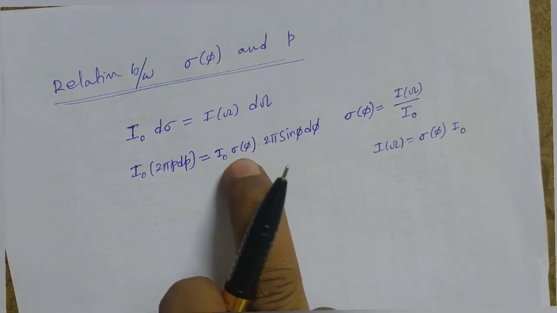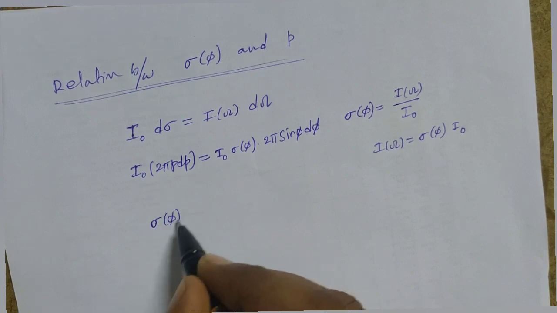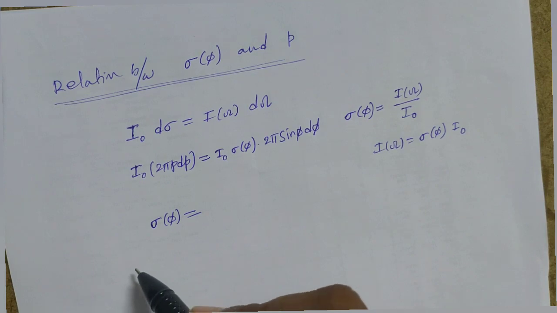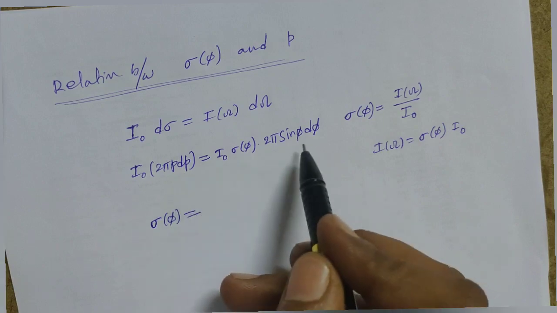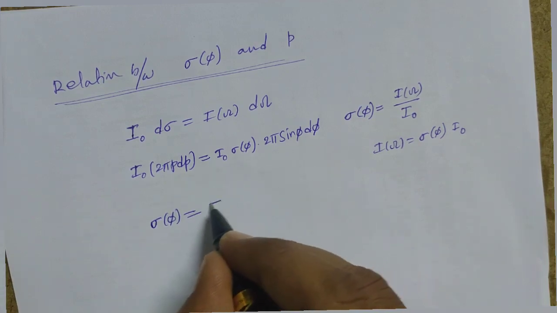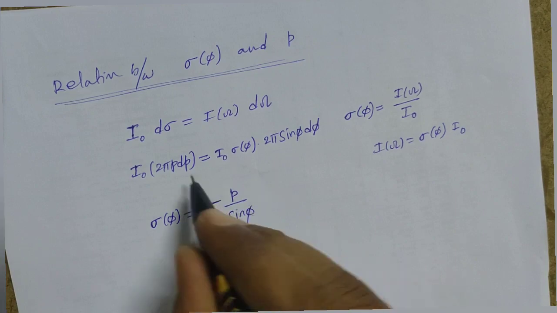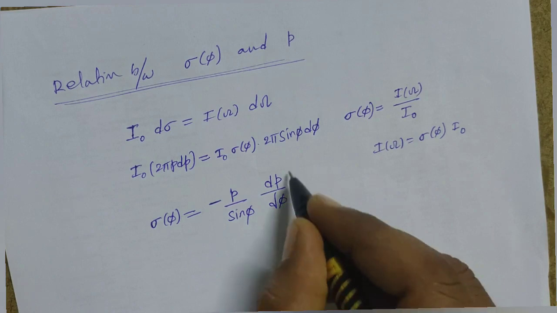I want this σ, so the differential scattering cross section will be, I naught cancels, 2π cancels, p remains, divided by sin φ, and dp by dφ. I'll put a minus sign here, and I'll explain why.